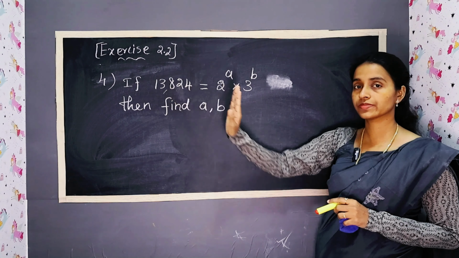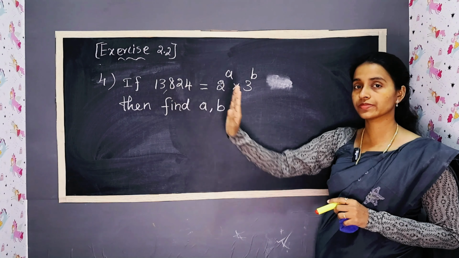2 here, 2 will be here, and 5 into 2 is 10, right? And this 10 is getting divided completely without leaving a remainder. In this case also, whatever number we take should divide this number completely.